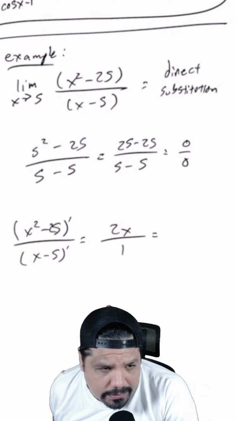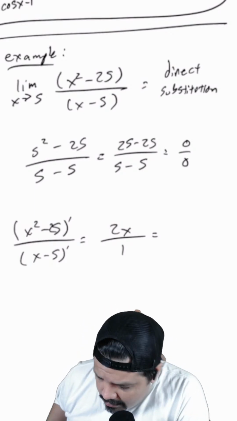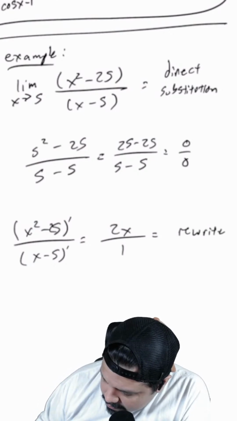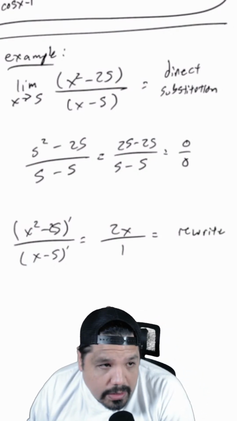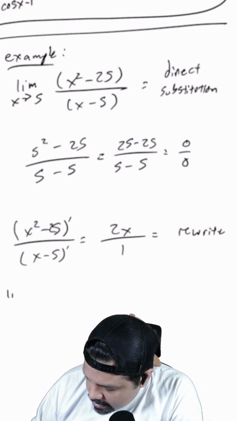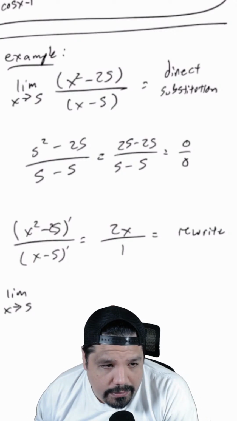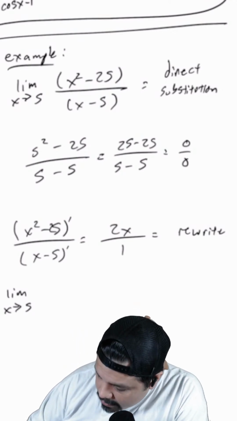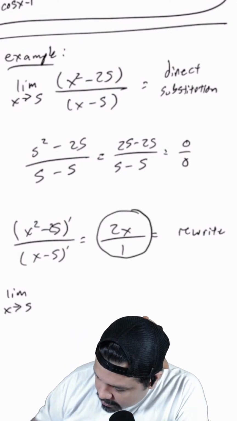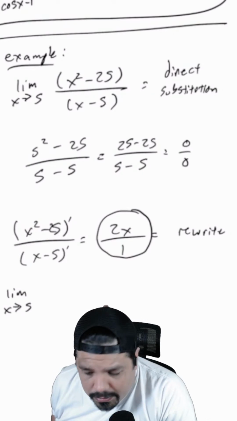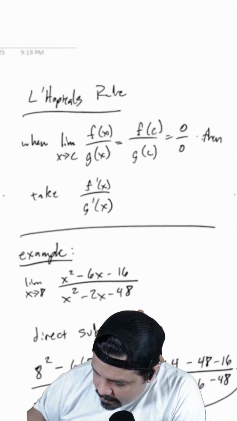What do we do now? Oh, you know we got to rewrite. Rewrite means rewrite the problem. The limit as x approaches 5. Now we're going to put in this new function, because that's L'Hopital's rule, right?